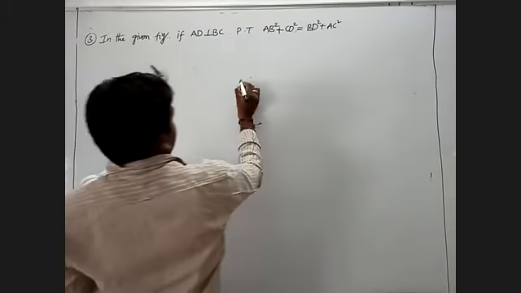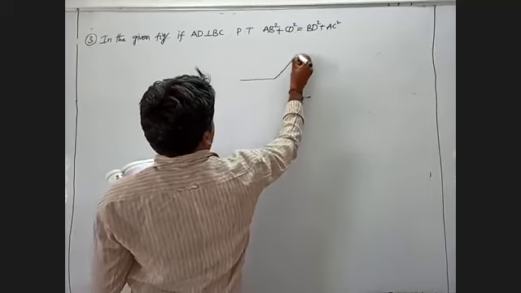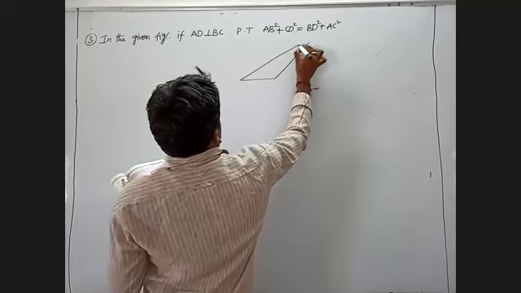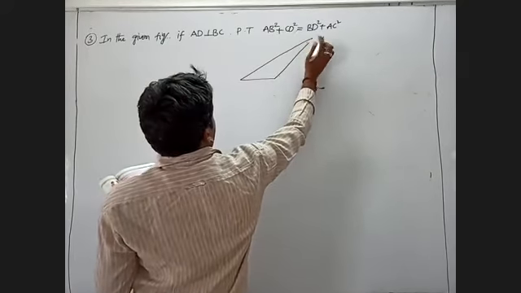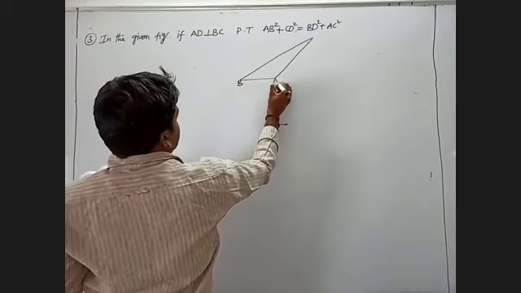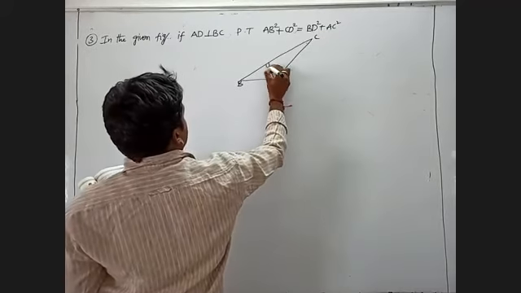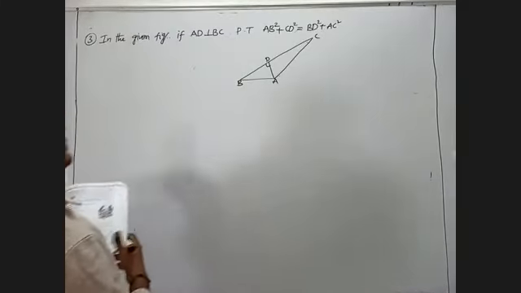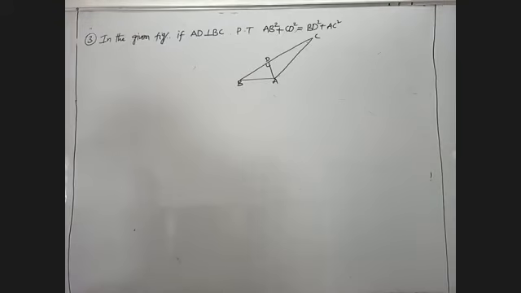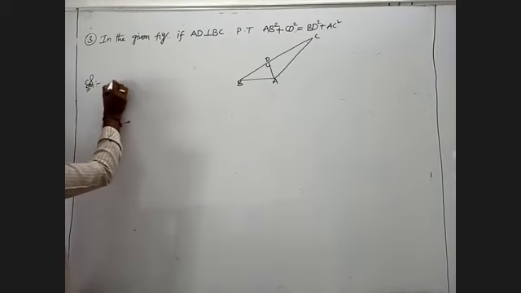This is the given figure. Name it as B. This is A. This is C. This is the foot of perpendicular, must be D. What is given in this one?